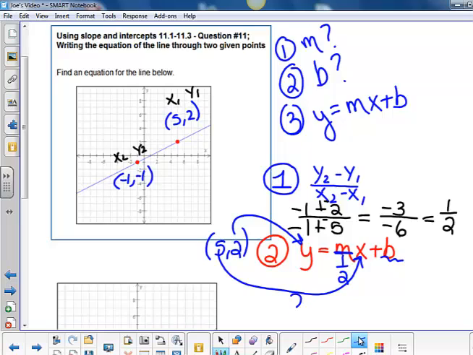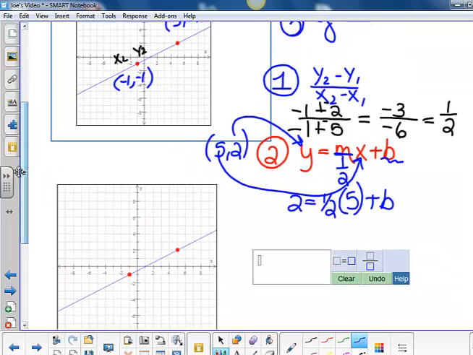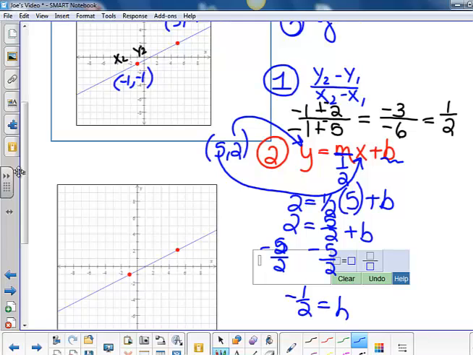So I have the equation 2 equals 1/2 times 5 plus b. So 2 equals 5/2 plus b. When I subtract 5/2 from both sides, I end up with -1/2 equals b.